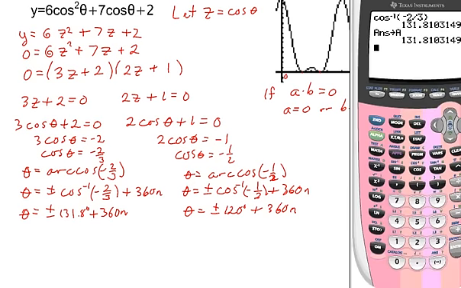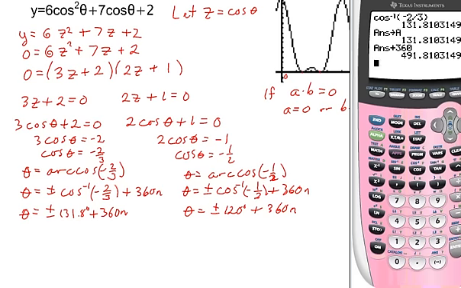Let's try and do this in a semi-organized fashion. So we don't want negative 131.8, but we do want 131.8. So that's one solution. Plus 360 would give us another one, 131.8 and 491.8.